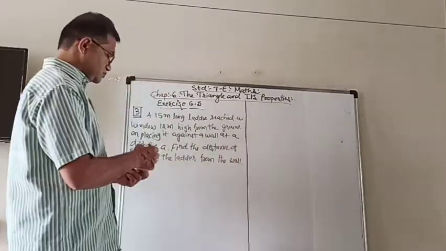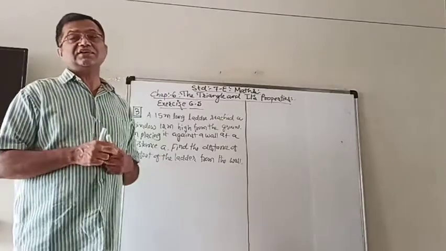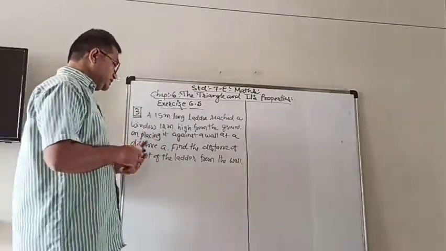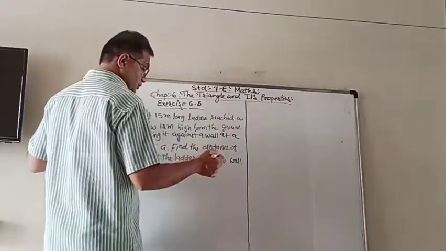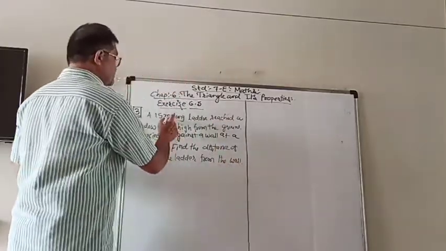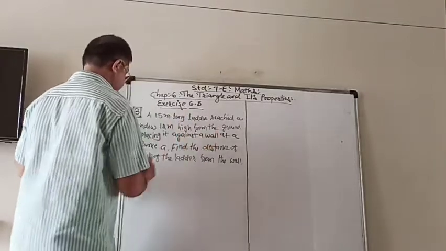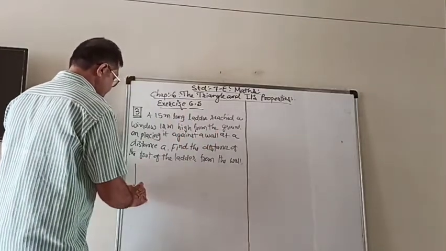So here the situation is given like that, it will make a right triangle. Given that the 15-meter long ladder reached a window 12-meter high from the ground.